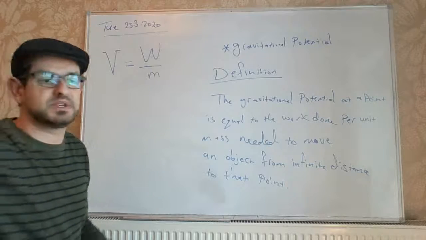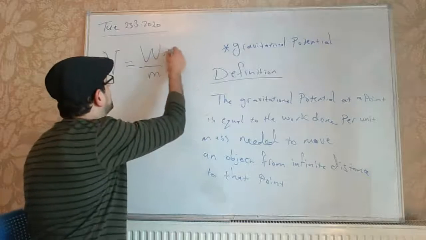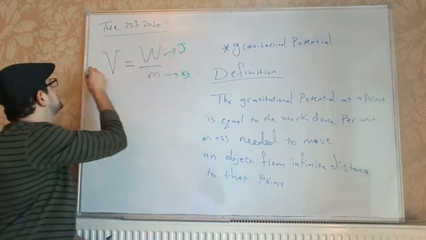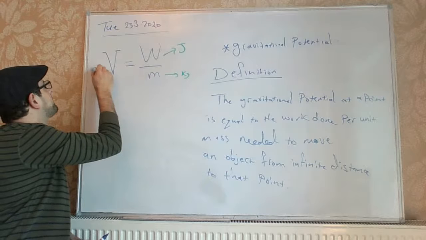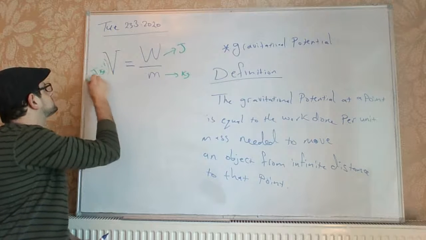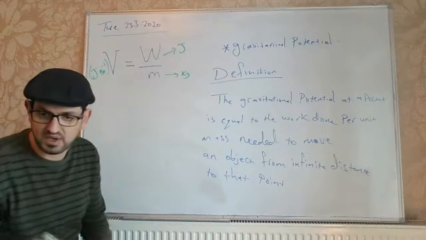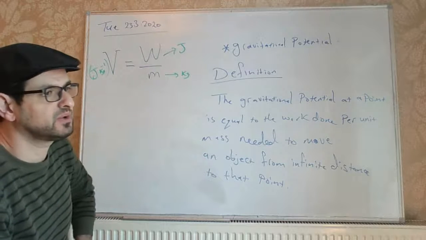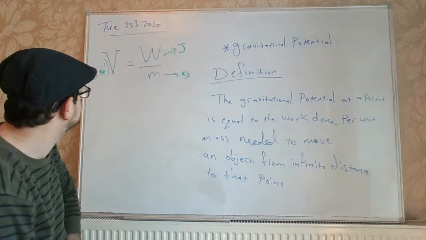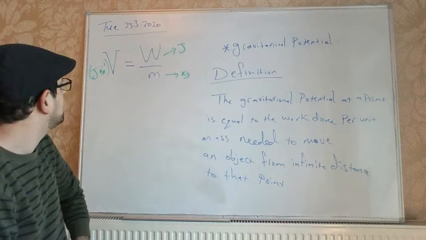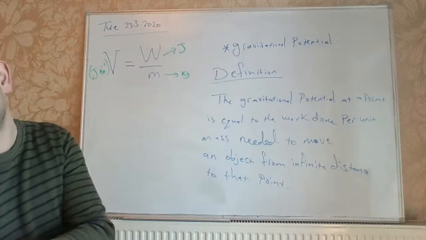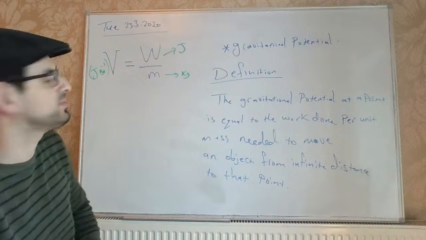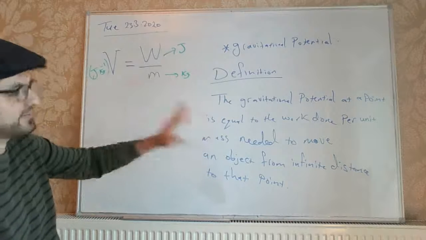The units, this is joule, this is kilogram, so this is joule per kilogram. Of course it has another unit, we will see it later. So this is the gravitational potential at a point.